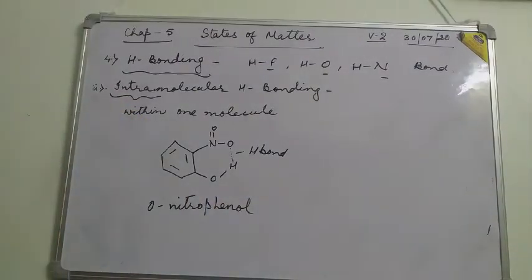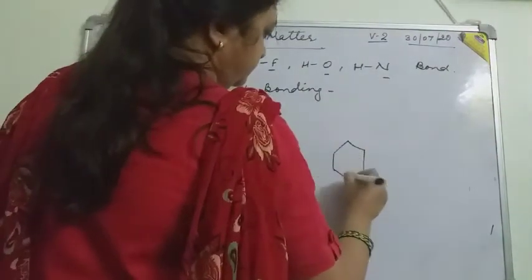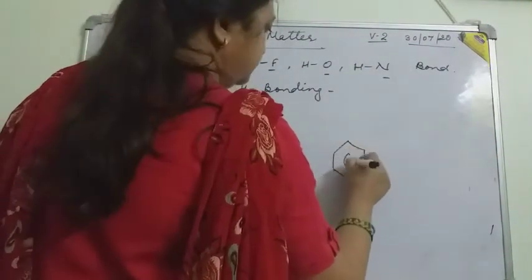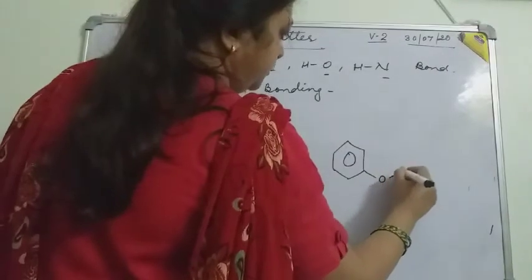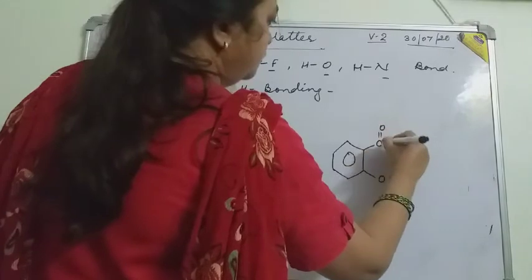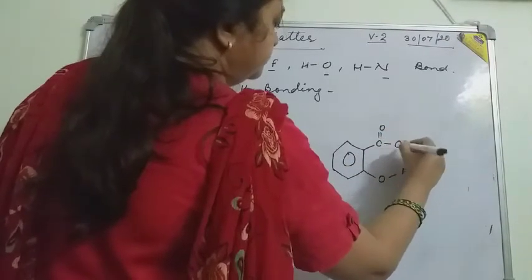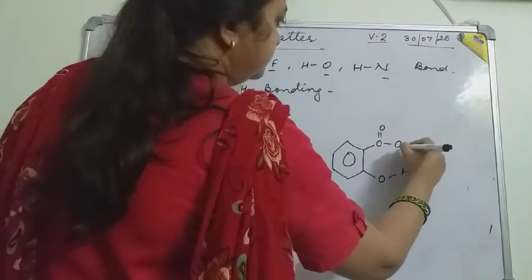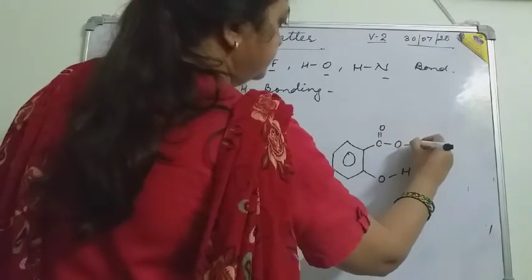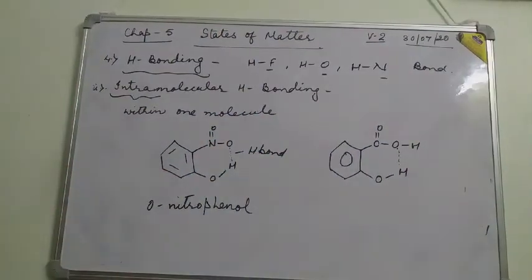Other than this, there are some more examples. If an OH group is present here and COOH, then the bond between these two is hydrogen bonding.